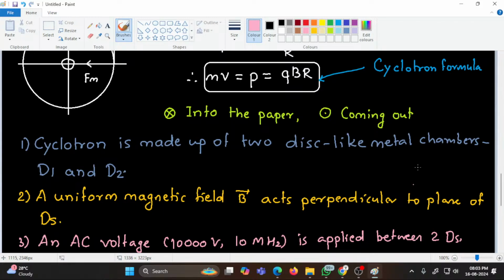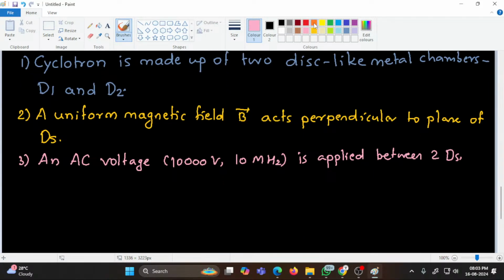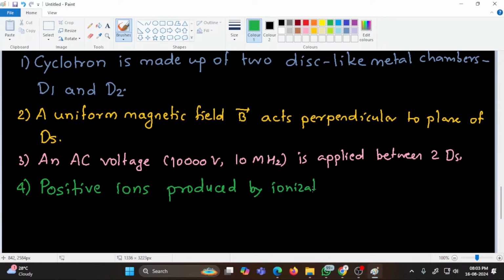Then positive ions are produced by ionization of a gas, and are placed at the center of the Ds.